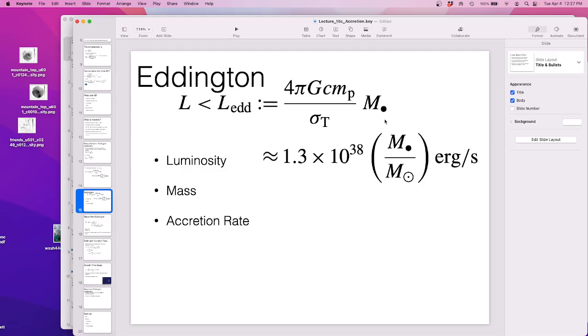So the nice thing about this, it's a limit. So if I give you the mass that I measured with the Eddington luminosity, what does that tell you about the actual mass of the black hole? Gotta be less. That's the question. Bigger or smaller? Is this an upper limit to the mass or a lower limit to the mass?